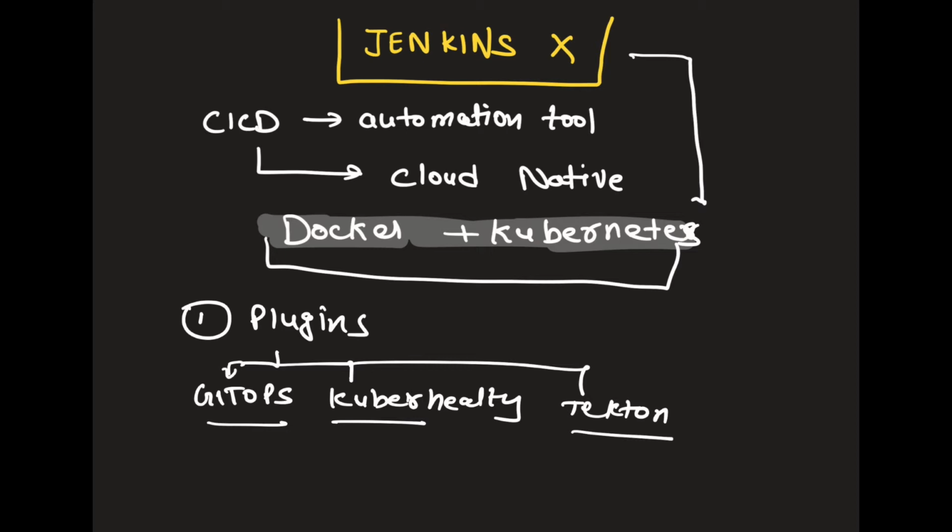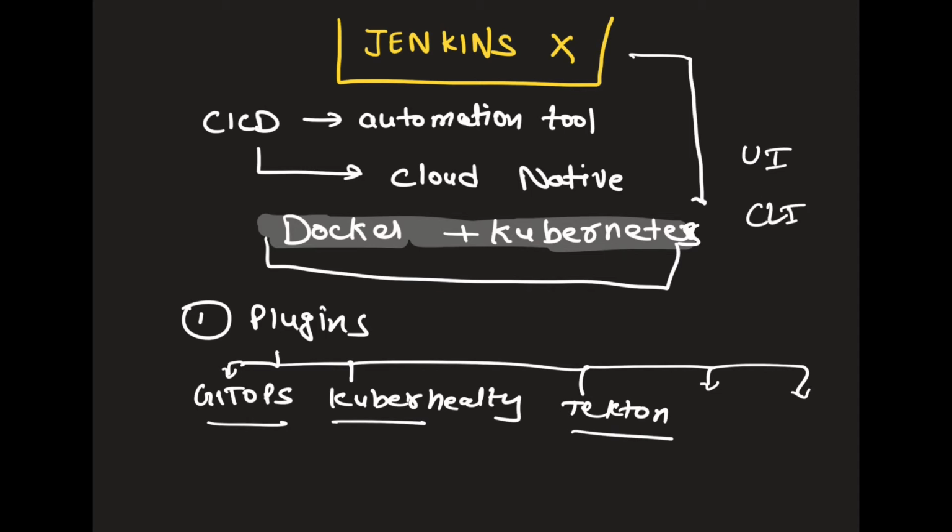And Jenkins X internally is based on plugins, so it leverages multiple plugins. It provides seamless integration with different tools using the plugins, and it brings CI/CD automation within your application. There are a lot of other plugins also. I'm not mentioning all of those, but the concept that I'm trying to tell you is that Jenkins X is internally based on plugins, and it offers two kinds of interfaces: UI as well as CLI.